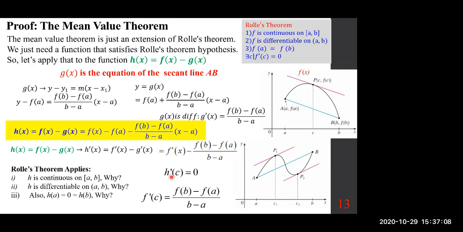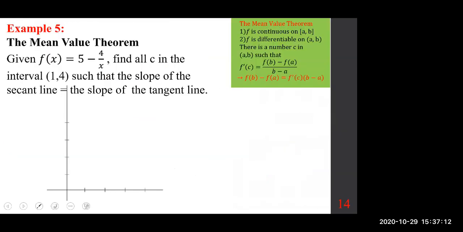Okay, let's look at some examples of that. The mean value theorem we're going to use here. The function given is 5 minus 4 over x, and we want to find all c in this interval such that the slope of a secant line equals the slope of a tangent line, meaning this one.